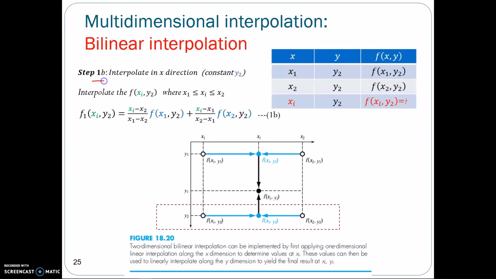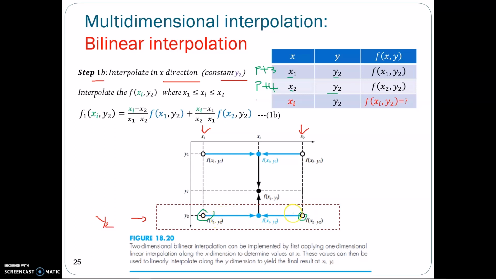In the step 1b, you continue the interpolation in the x direction, where you assume the constant y2. In this direction, your y2 is constant, and then you interpolate from the x1 to x2. Point 3 and point 4 are given, which is located at x1 and x2, which is this point, and x2, y2, which is this point.